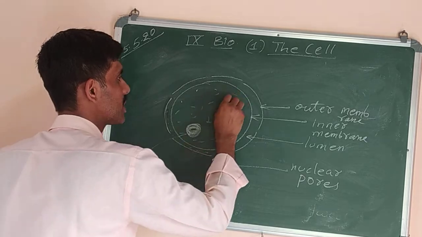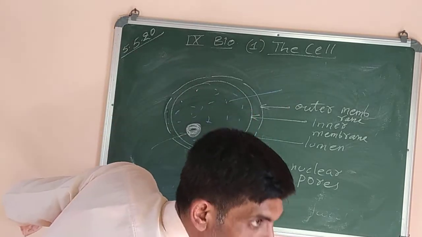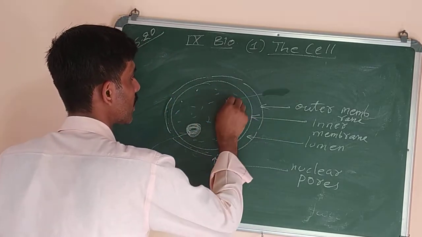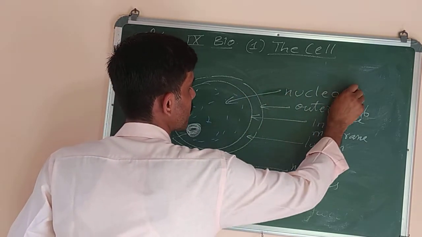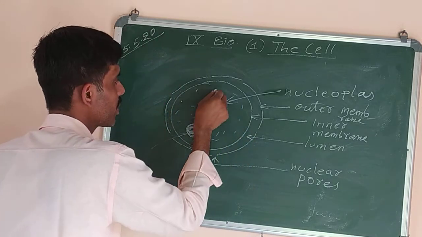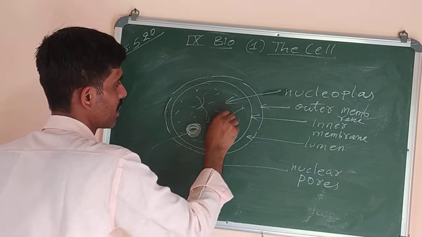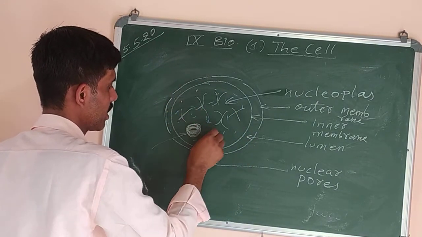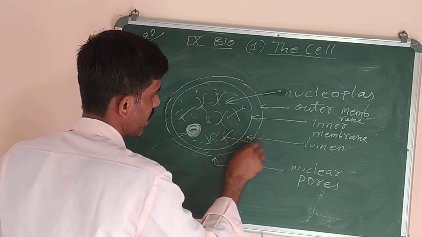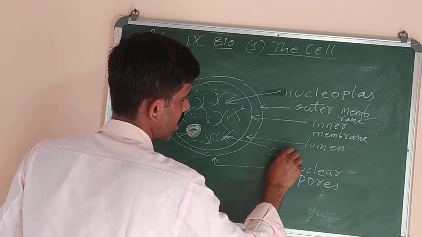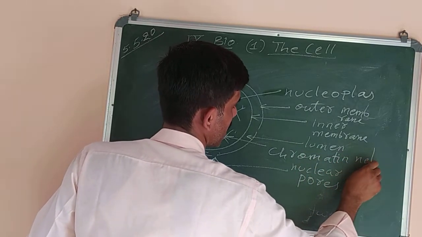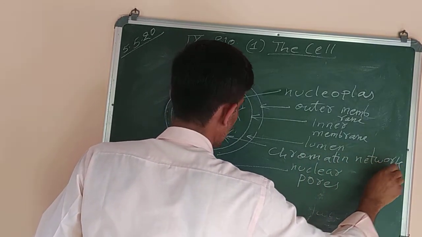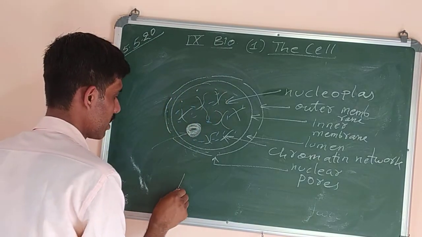The semi-fluid substance which is filled here is known as nucleoplasm. And the network of thread-like structures that form the genetic material is known as the chromatin network. So this is the structure of the nucleus.